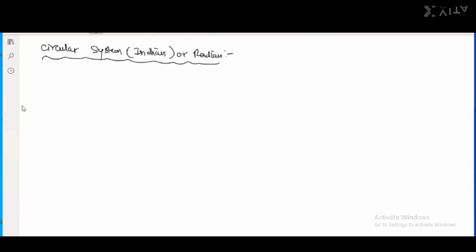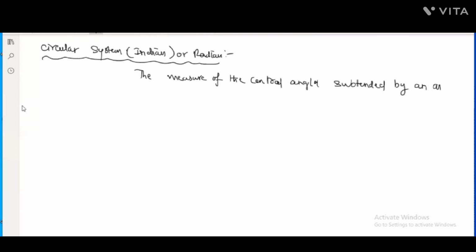So what is meant by radian? It is the measure of the central angle subtended by an arc of a circle equal to the radius of the circle.